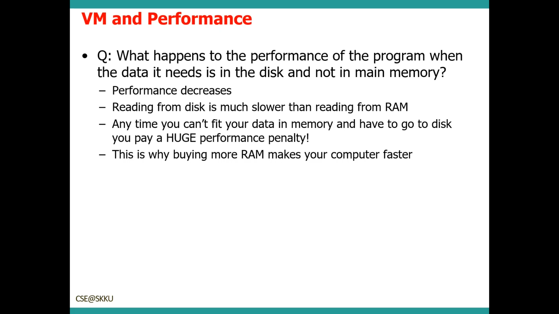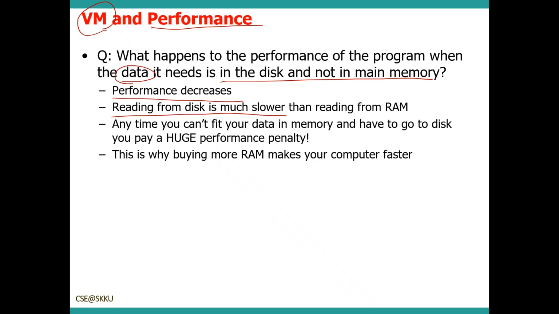Because the virtual memory system utilizes the disk as extended memory space, it affects performance. If the accessed data is on the disk, not in main memory, there is a performance degradation because reading from disk is much slower than reading from memory.